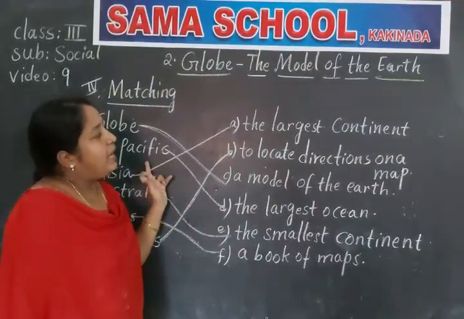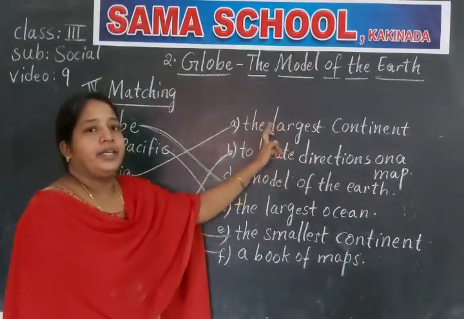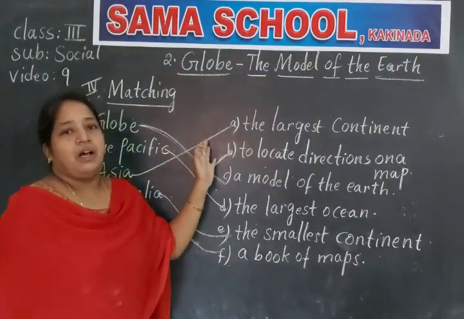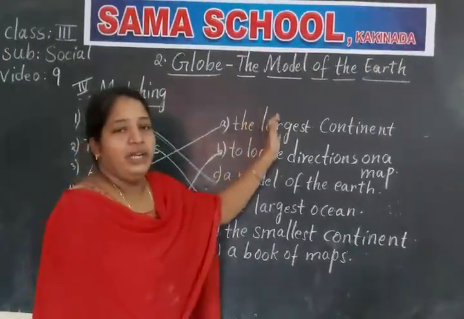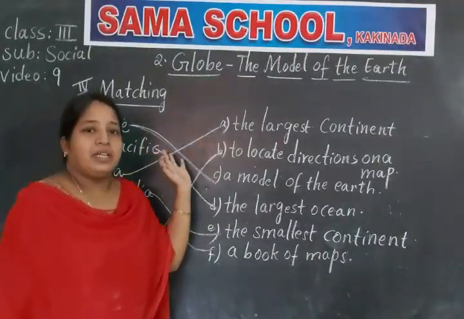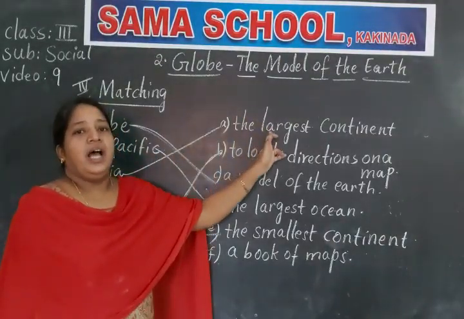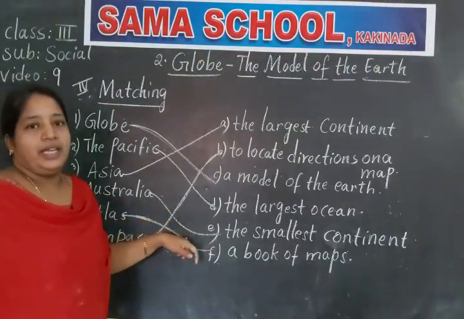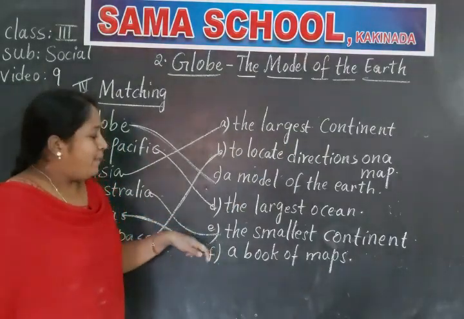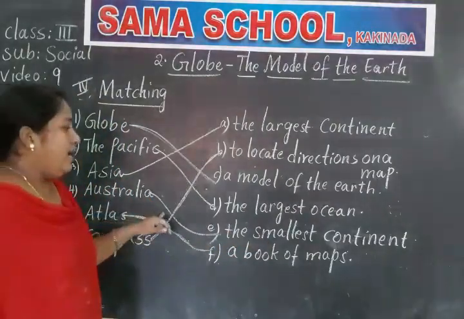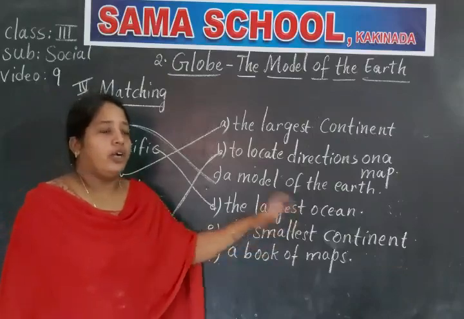It is the largest continent, and our country India lies in this Asian continent. In which continent is our country present? Yes, in Asia. Next one, Australia. It is also a continent, but it is the smallest continent.